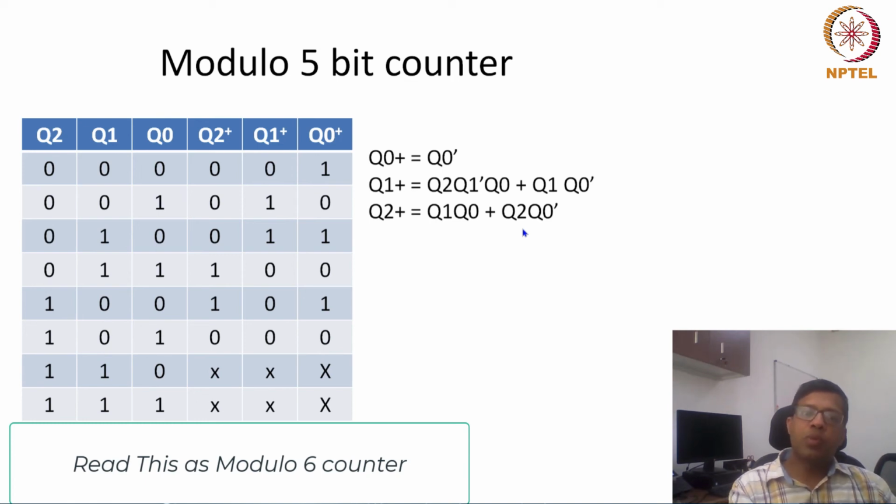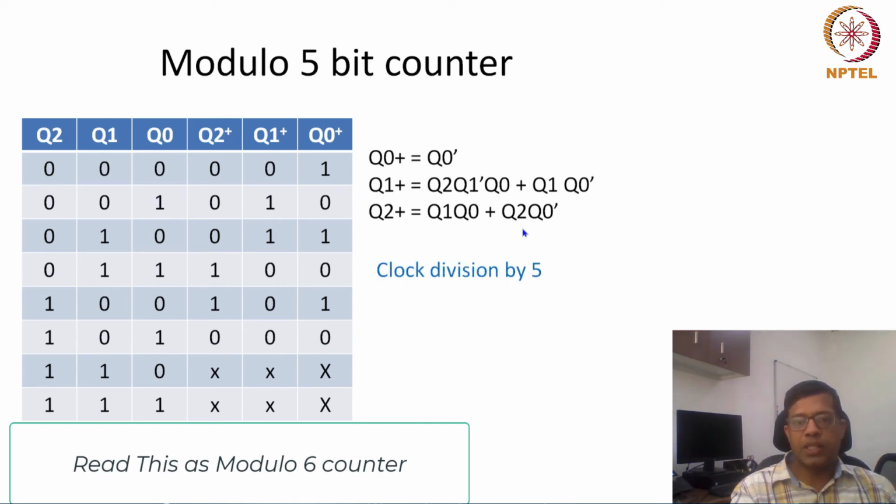You see one more thing here, that this modulo 5 counter can also be used to design a clock division by 6. In clock division by 6 you can see that this output will keep on repeating itself.